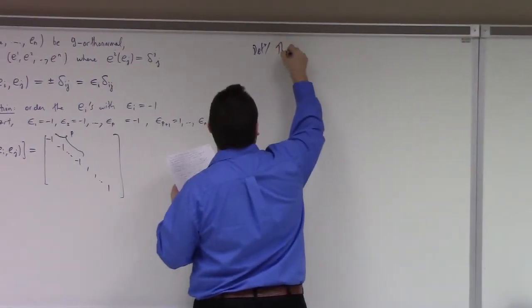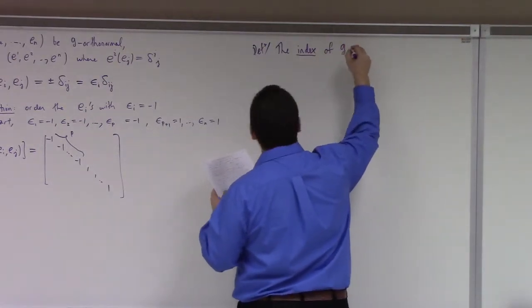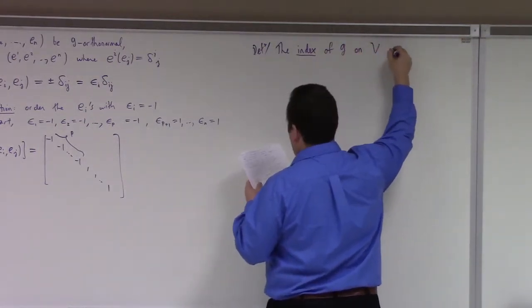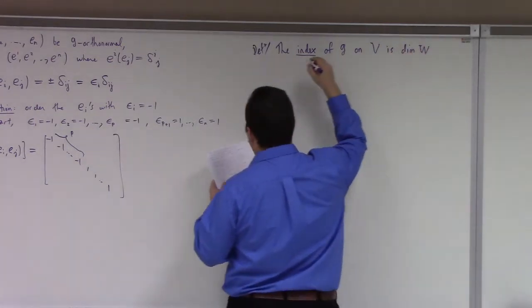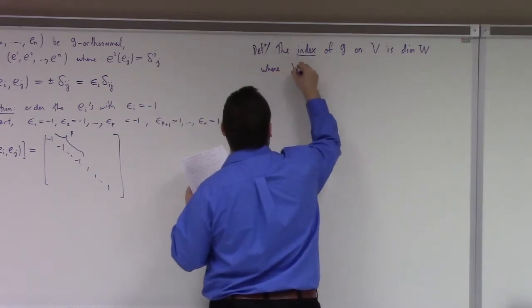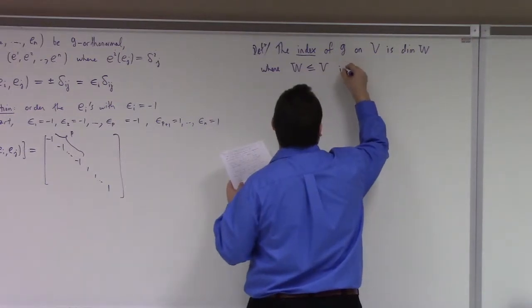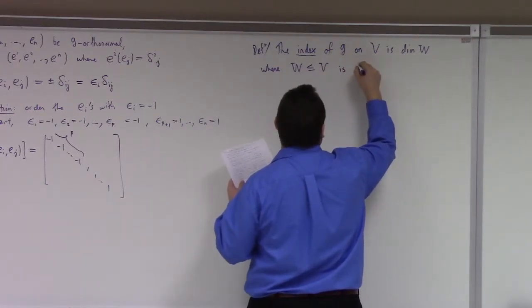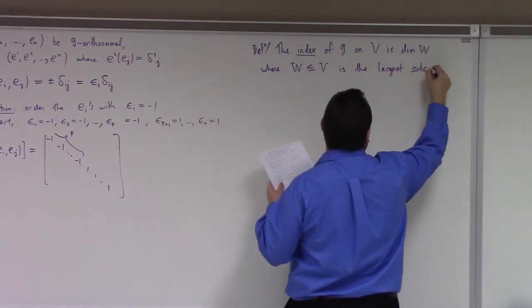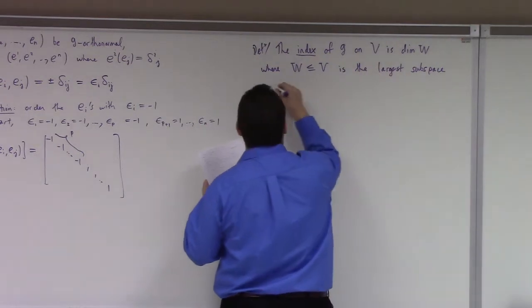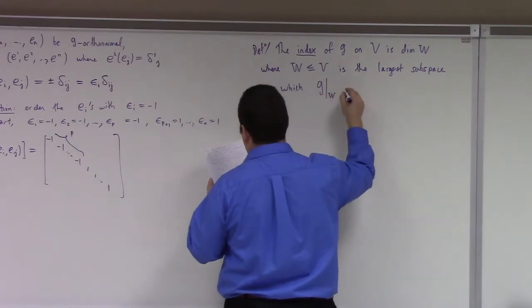The index of G on V is the dimension of W, where W is a subspace of V, the largest subspace on which G restricted to W is negative definite.